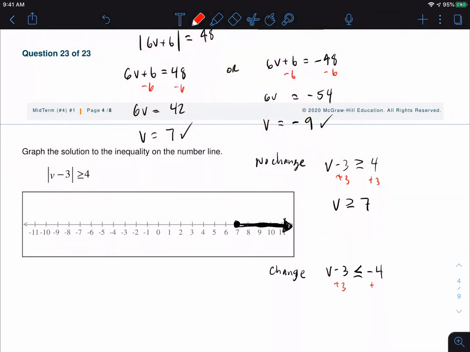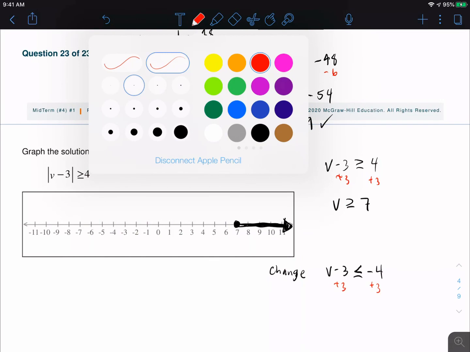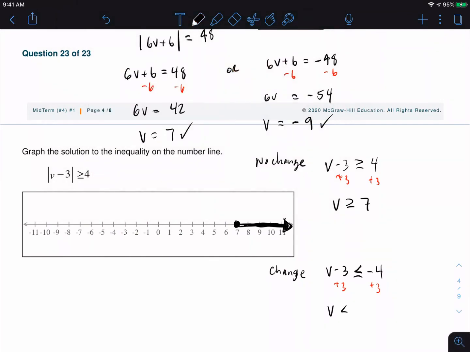Add 3, and so I'm going to get v is less than or equal to a negative 1. You agree? Yes. So then filled in circle, right? It's not an open circle. And then we're going this way. Got it?